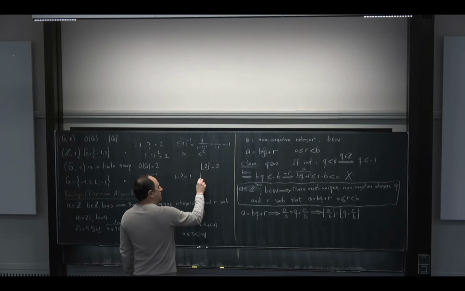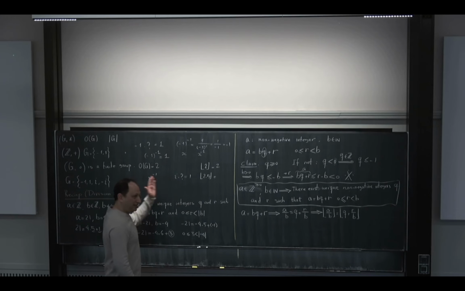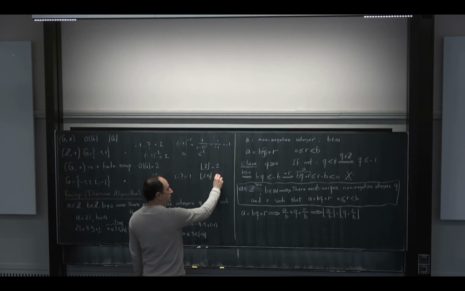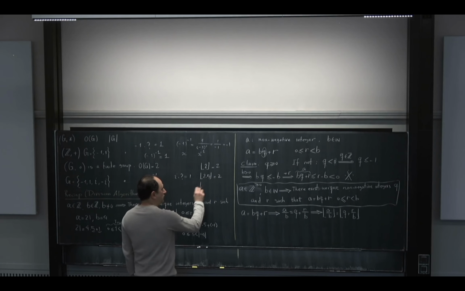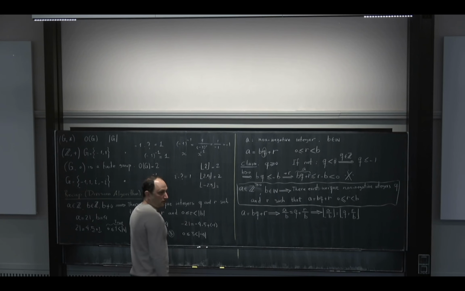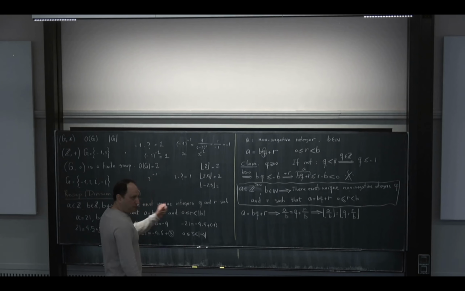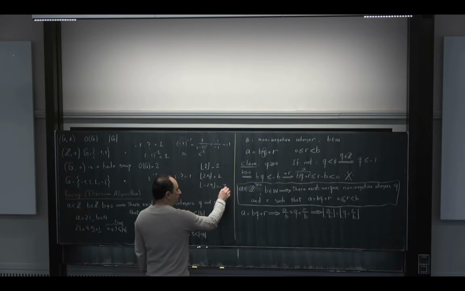But if I give you the floor of 2.5, you go to the left and pick the first integer. So what is the first integer? 2. If I give you the floor of minus 2.3, you go to the left and pick the first integer. What is that? Minus 3. So that's the floor function.